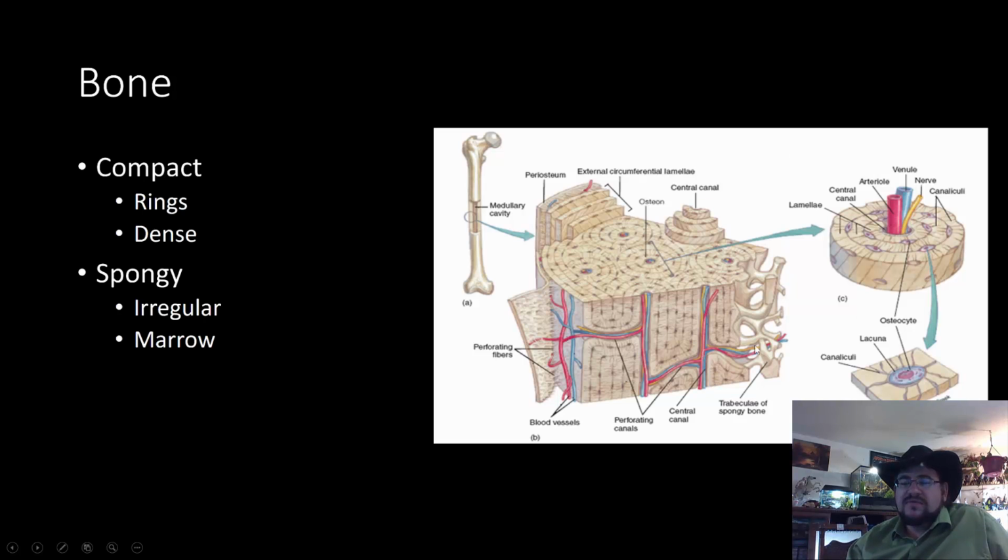So we get a lot of blood vessel supply, as you might imagine, because the marrow is producing your red blood cells. So lots of open space for marrow tissue to make your red blood cells, white blood cells, and platelets. So spongy bone lines cavities, whereas compact bones are these dense rings that provide strength and support to long bones.